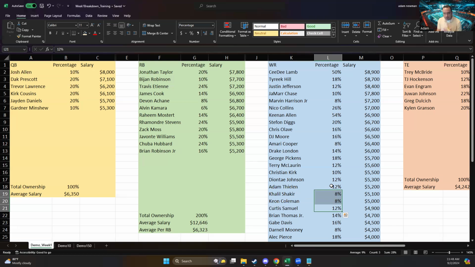Now you have to understand what this means. 10% of my rosters are going to be Josh Allen doubles across these three guys. If I add these numbers together, that's 28%. That means there will be 8% of my lineups that have one of these guys without Josh Allen.